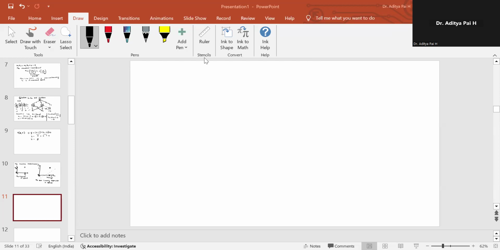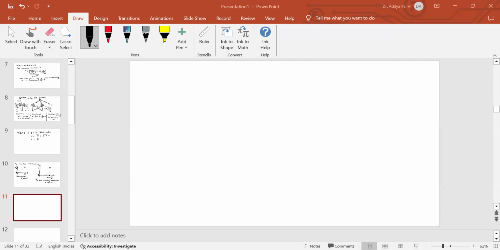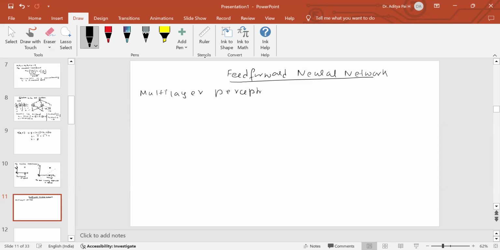Hello everyone. So in this session, we will be seeing the next topic, that is feed forward neural network. The feed forward neural network is the multi-layer perceptron, also known as MLP.